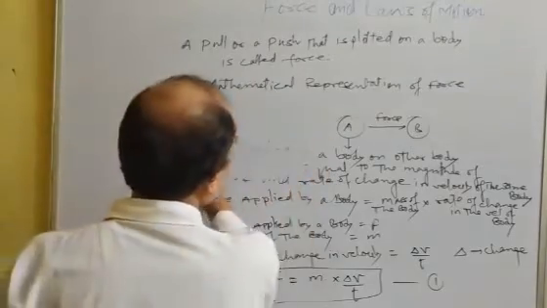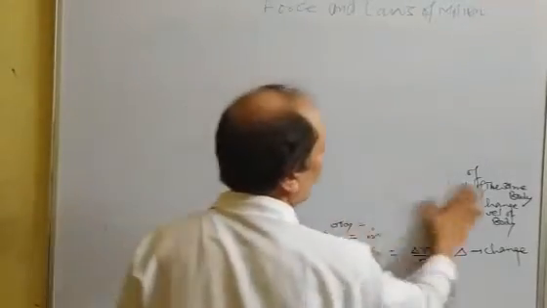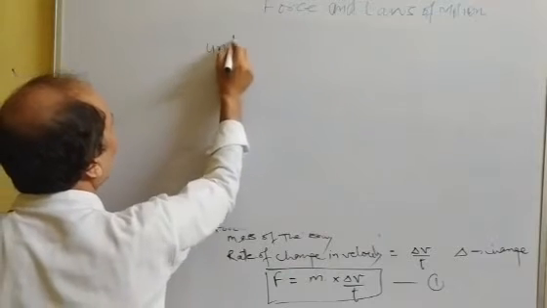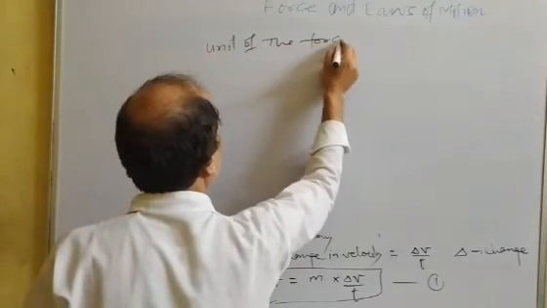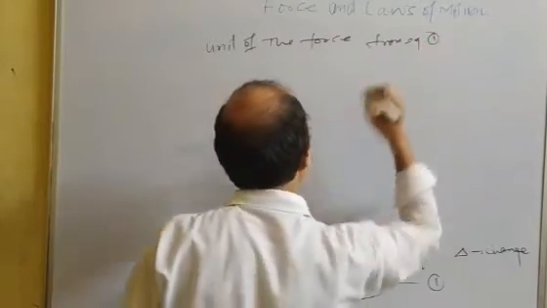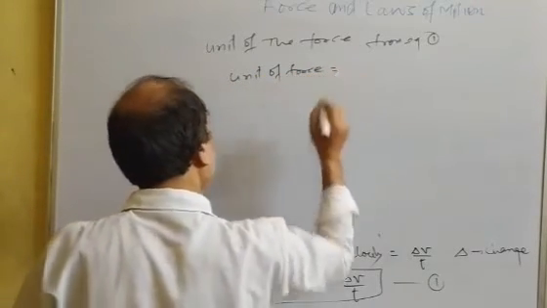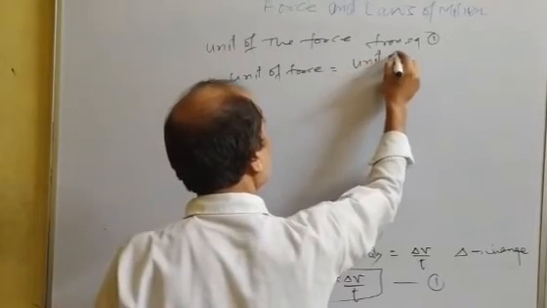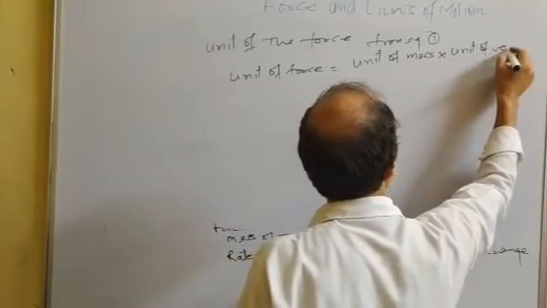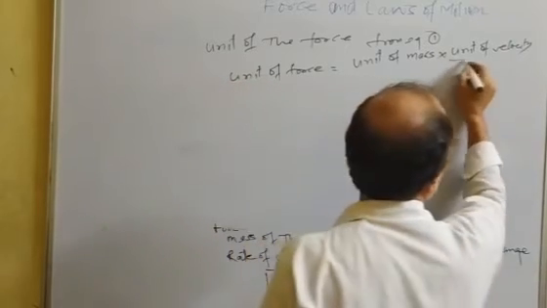Now, the unit of force. From equation 1, unit of force is equal to unit of mass into unit of change in velocity upon unit of time.